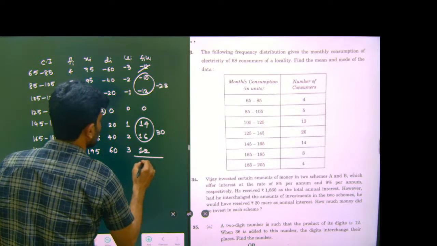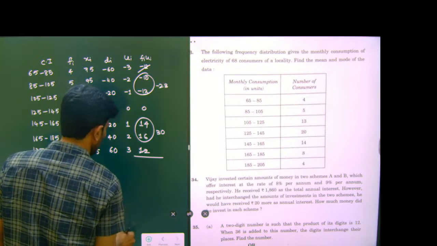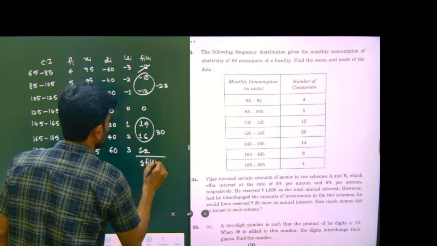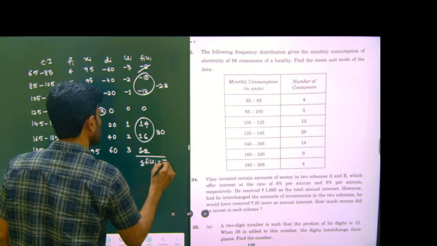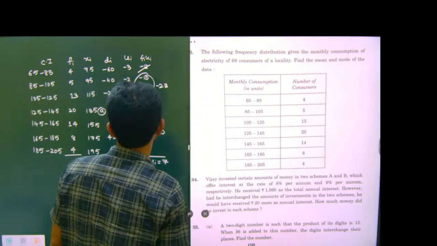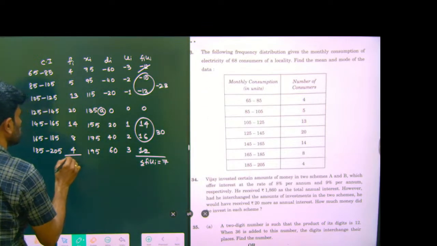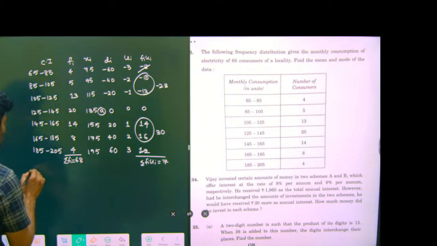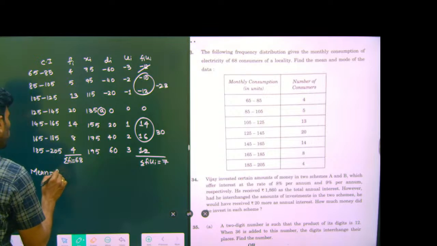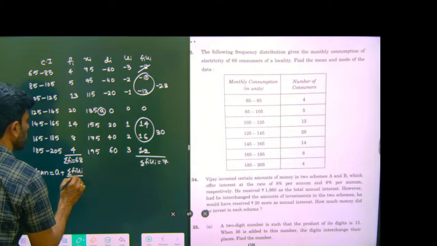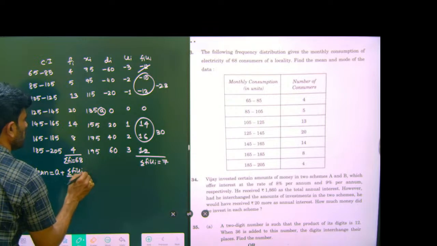So sigma fi ui is equal to 7. What is sigma fi? How many total consumers? 68 consumers. So sigma fi is equal to 68, it is given already. Then we use the formula: mean is equal to A plus sigma fi ui by sigma fi into h.